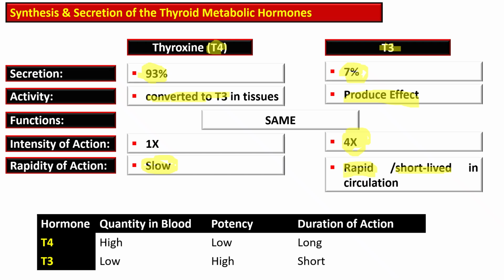So these differences can be summarized as: T4 is present in high quantity in the blood, it has a low potency, and its duration of action is long. T3 is present in low concentrations, and it has a high potency, and it is short-lived and rapidly acting.